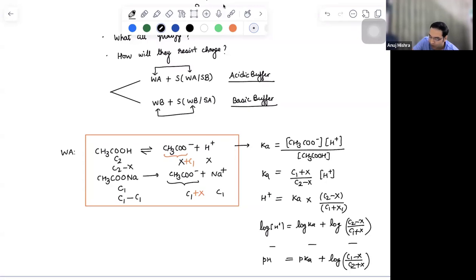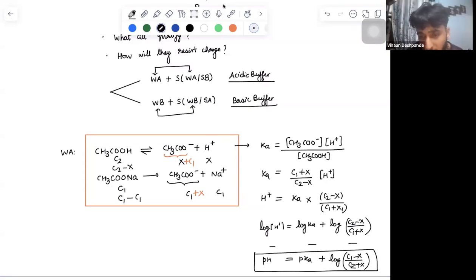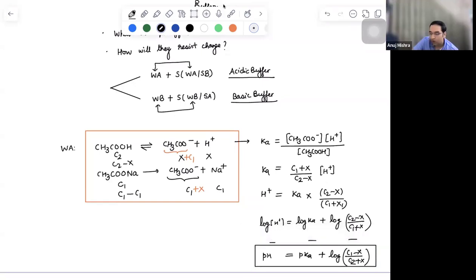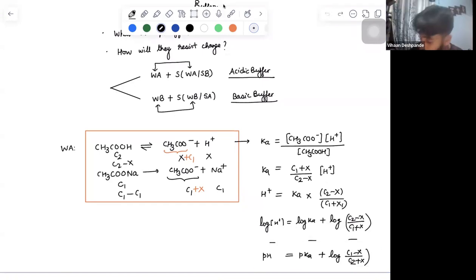I hope that should be making sense to you. So why C1 plus x? Think again. Sorry, C1 plus, right. C1 plus x upon C2 minus x. Okay, it just went up, fine, we will do it. Any problem in this?